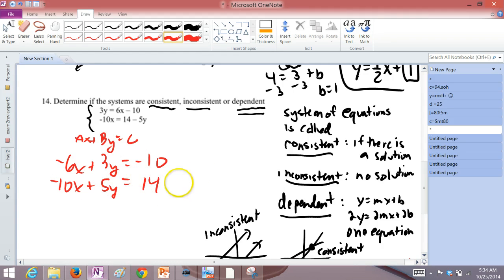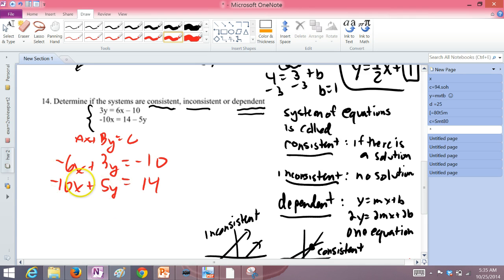So we can for sure say that they're not dependent. It's not possible to multiply one equation by a number and get the other one. Well, they might be parallel. Let's see. What is the slope? Yeah, I think they're parallel.